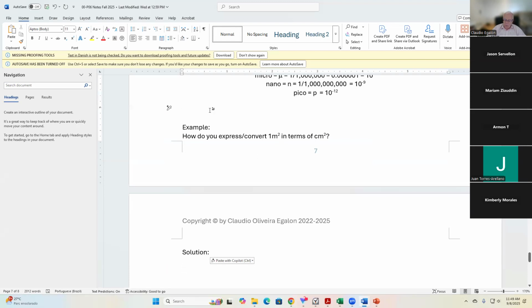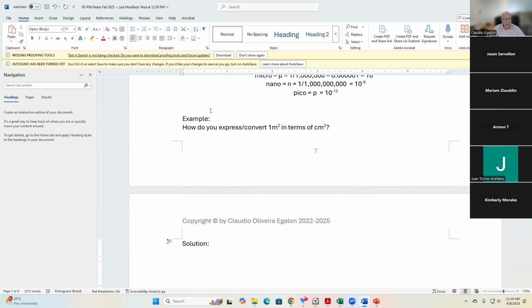It's not straightforward. Those are the interesting things that we see in physics, right? There are certain problems in physics that don't seem to be common sense. You have to do the work, okay? So how do you express 1 square meter in square centimeter? Do you write 100 square centimeters, right?